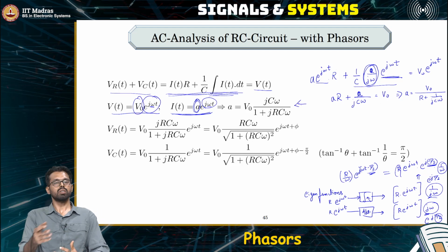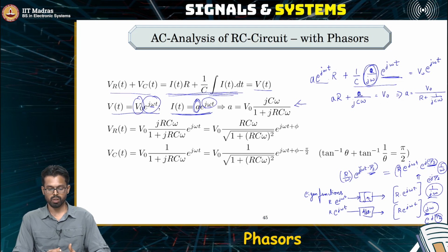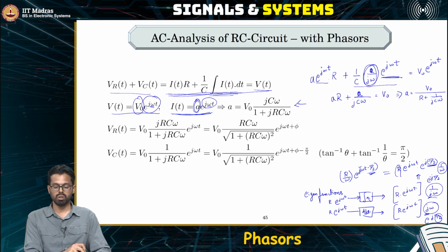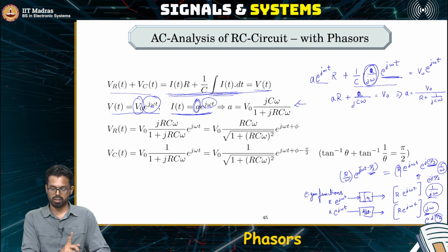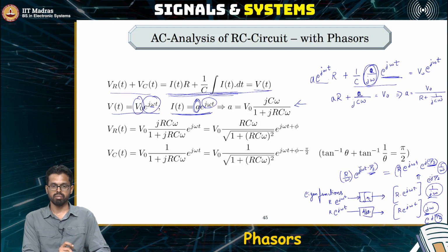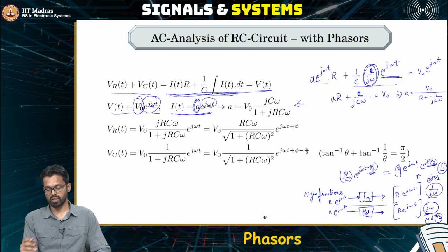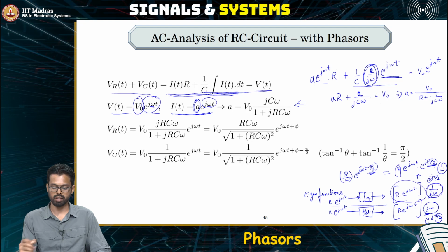Okay, so this is quite simple compared to solving a differential equation, right? All you had to do here was just plug in that I is equal to e power j omega t, and then there is an integral. But the nice part of having the phasor is that you feed in a phasor to this integral operation, and the outcome is yet again a phasor, the same phasor, only that there is a scaling factor.